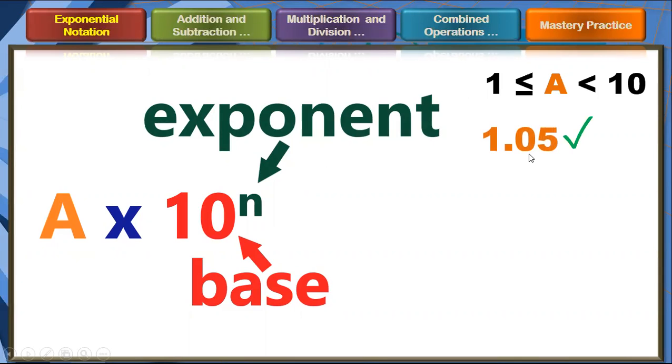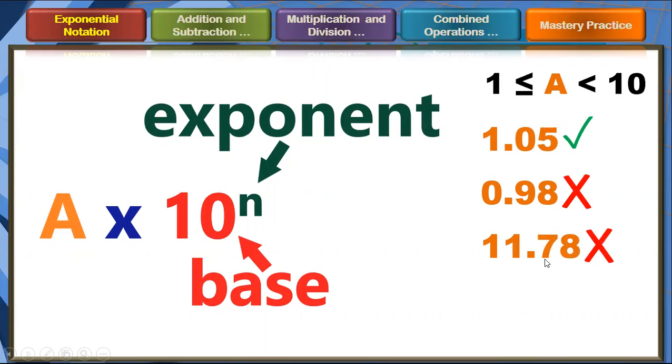For example, 1.05 is still within the range, so we can use it. 0.98, no, we can't because it is less than 1. 11.78 is also not part of our range, so we cannot use it. 8.27, yes, we can use it, it is within our range.